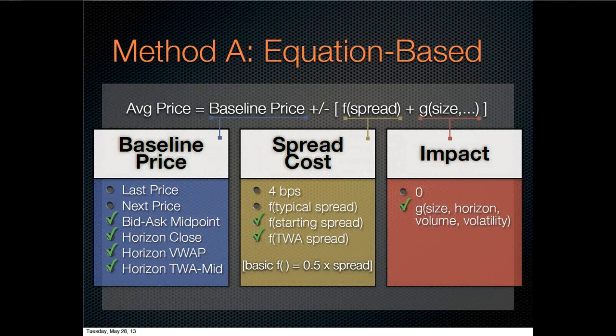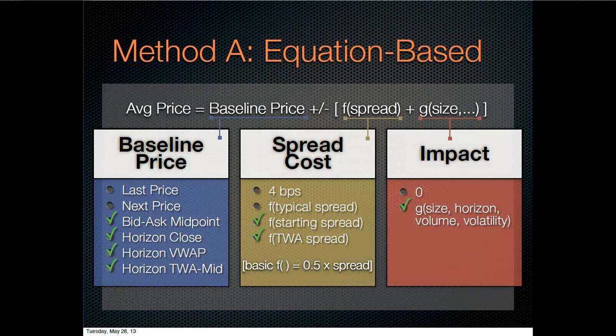Spread cost, you can do something as simple as saying, hey, I'm just going to pull a number out of thin air that represents the typical spread in the type of stock that I'm trading, so maybe 4 basis points. Or you could get more complicated, hopefully you do, by factoring in what's the typical spread in this name, or even what's the actual spread at the start of my trade, or maybe even what's the time-weighted average of the spread across the horizon that I'm trading.